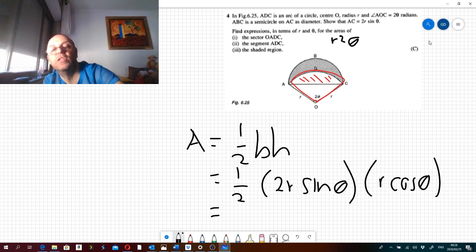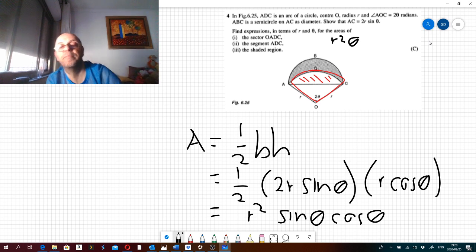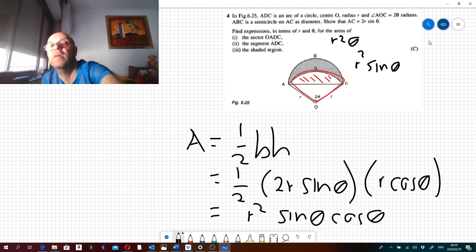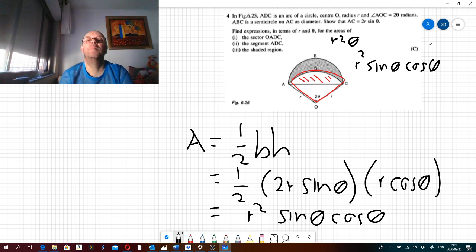And a half times 2r is just r, so it's r squared sine theta cos theta. Let's put that also up top here. So that's my area of my triangle.